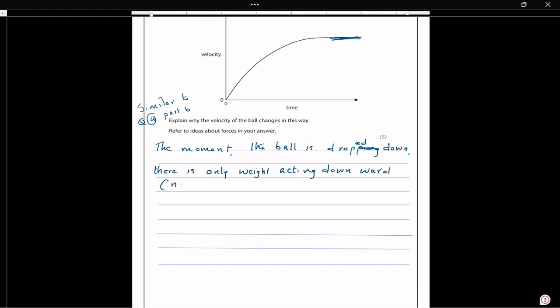That means no air friction or air resistance. So a net downward force making the ball accelerate downward. This is the first part.